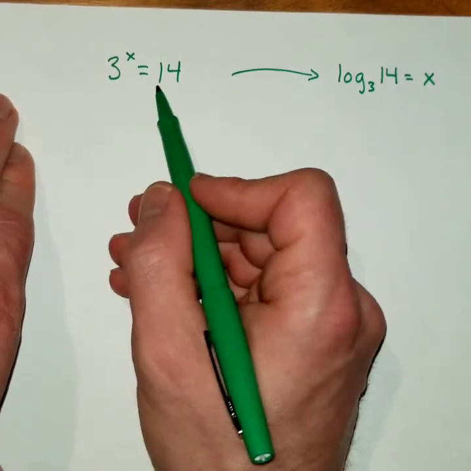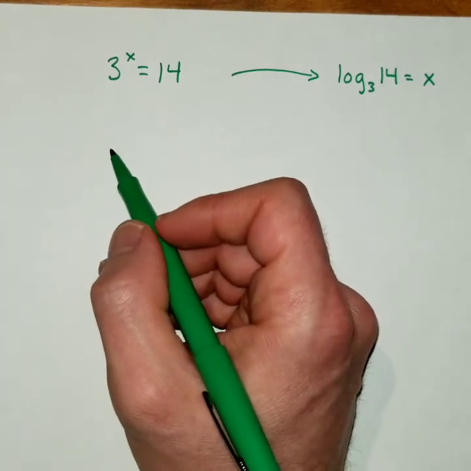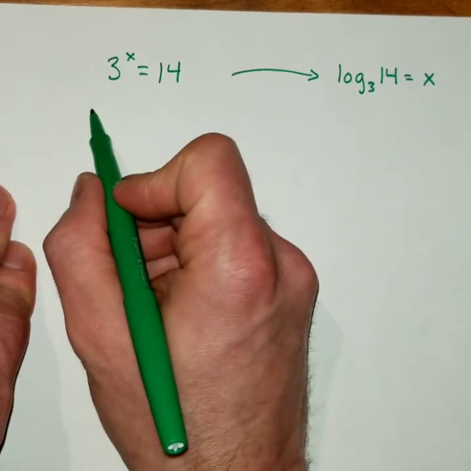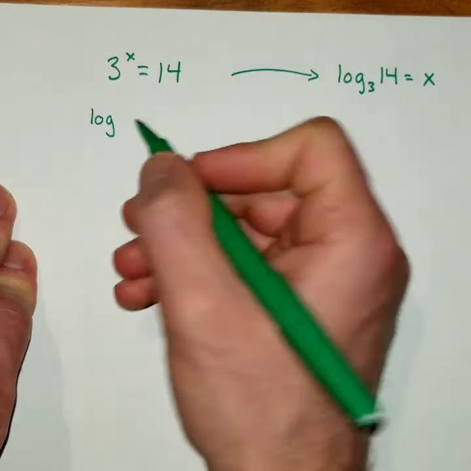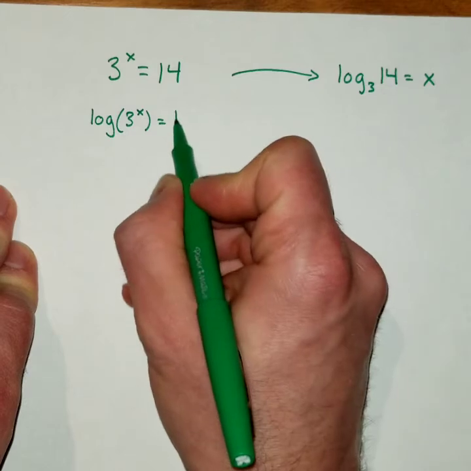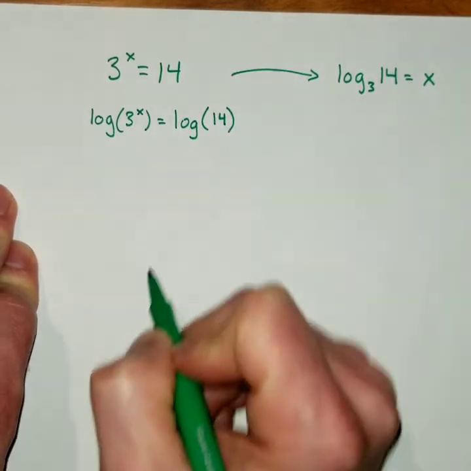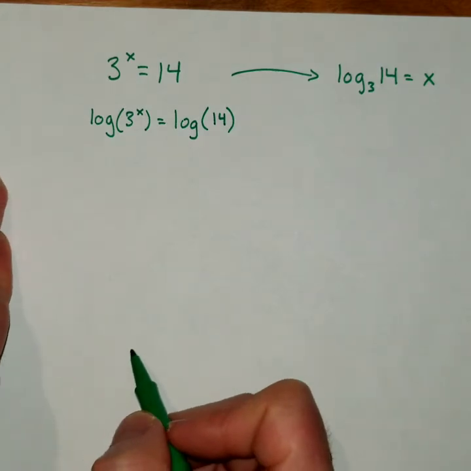So you can use any logarithm you want, any base. Just for the sake of this problem, I'll use common log, and for some reason I prefer common log, but it doesn't really matter. You could use natural log if you wanted. And I'm going to take the log of both sides of this equation.